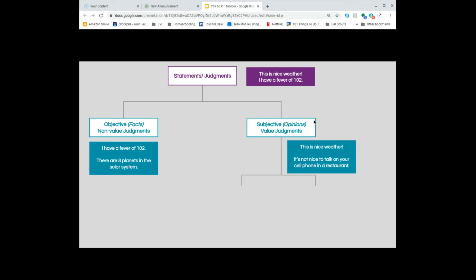Subjective statements, however, typically include within them some sort of value judgment. So you're saying something about how praiseworthy something is, how nice something is. It could be ethical, whether it's moral or not moral, whether it's beautiful or ugly. All of these things are versions of different value judgments.